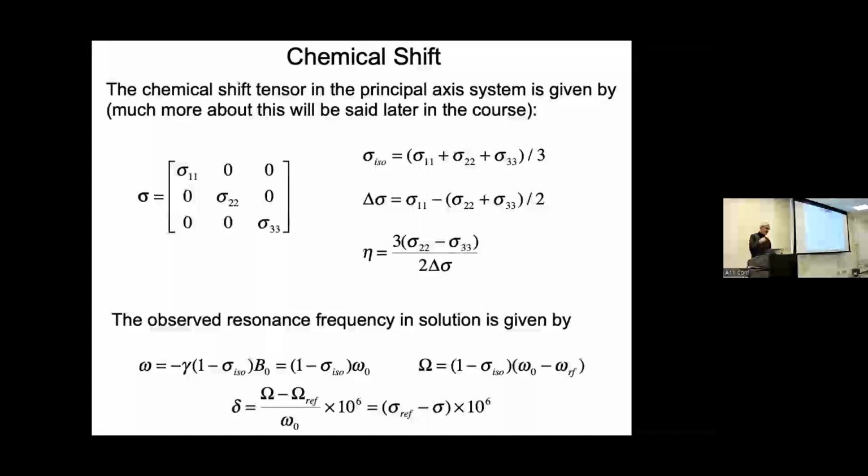And now there are IUPAC standard references for all the different nuclei. So for biological work, the reference in solution for hydrogen is DSS. So typically at some point, some DSS is added to a sample in order to get a reference. And then there are standards designated for, say, carbon-13 and nitrogen.